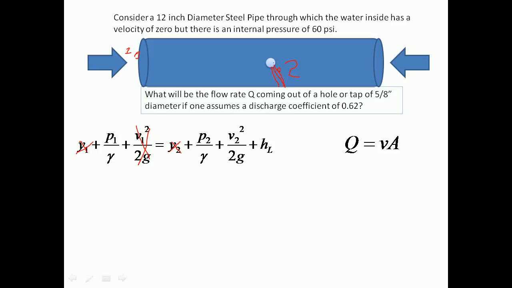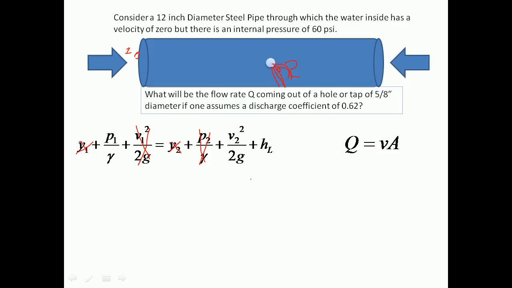Then you realize that you are in an open stream here. The water's flowing out and it's subject to atmospheric pressure, so the pressure there falls out. What you're left with is essentially the pressure in the pipe being converted to the energy leaving, or the head loss of the energy lost.